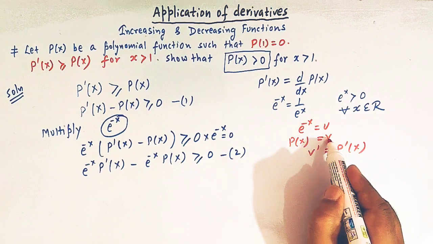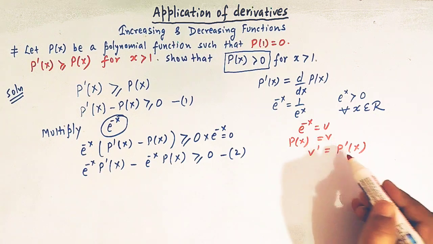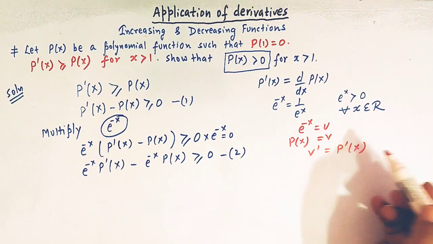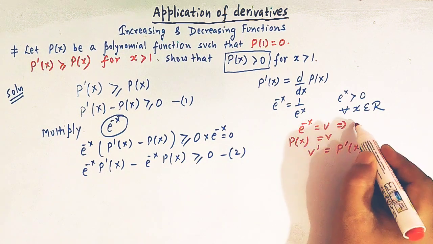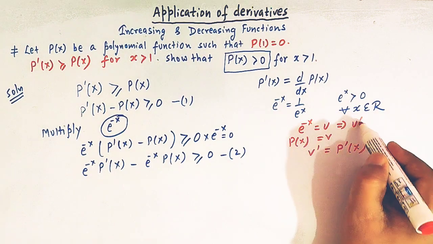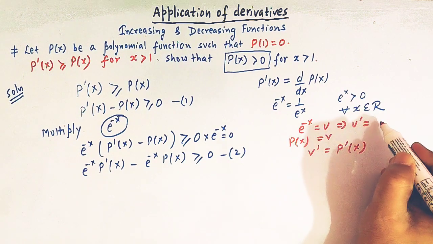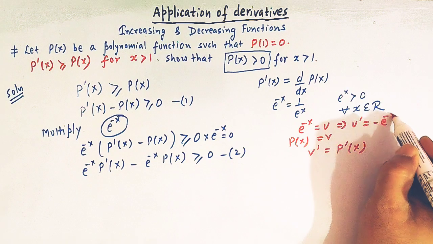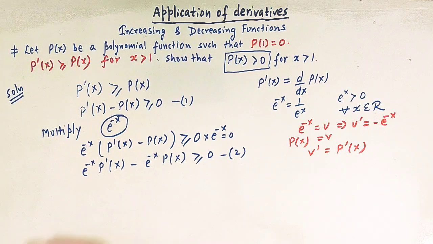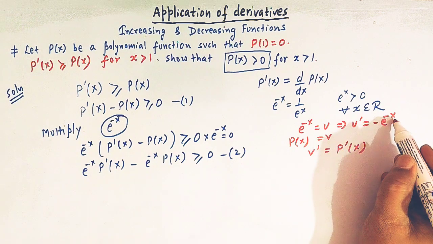So the derivative of v with respect to x, which is v prime, is equal to p prime of x. And similarly, if we differentiate u with respect to x, we'll get u prime, that is u prime is equal to minus e raised to minus x. So the derivative of e raised to minus x is minus e raised to minus x.